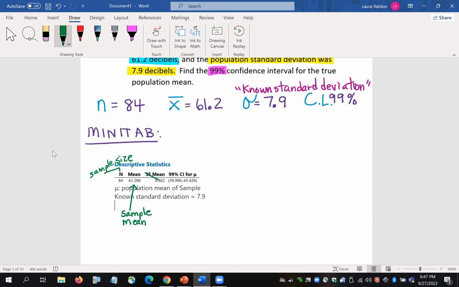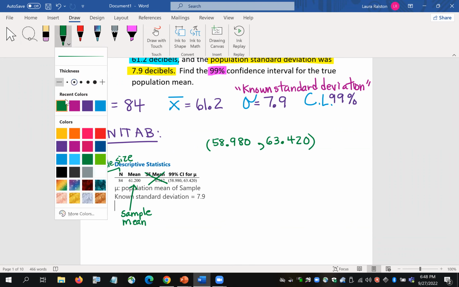I don't really need the standard error of the mean. And then it gives me the 99% confidence interval for mu, which is the mean. So we have 58.980, comma, 63.420.